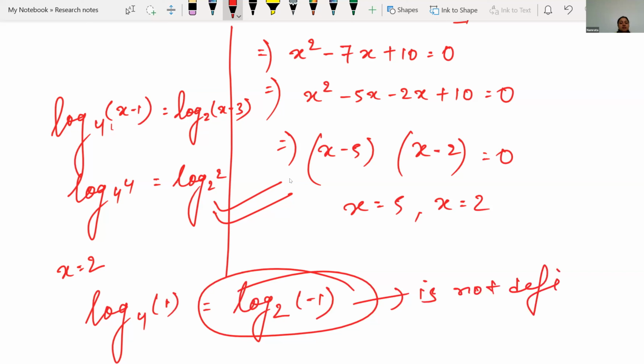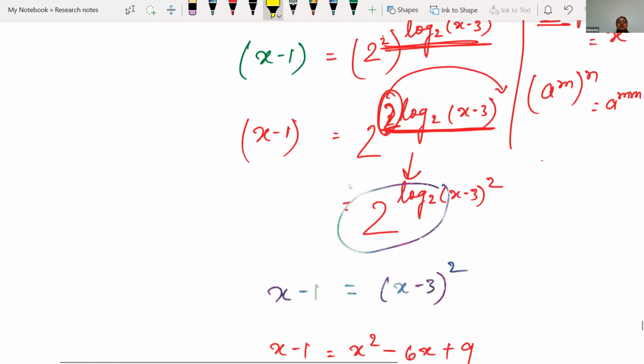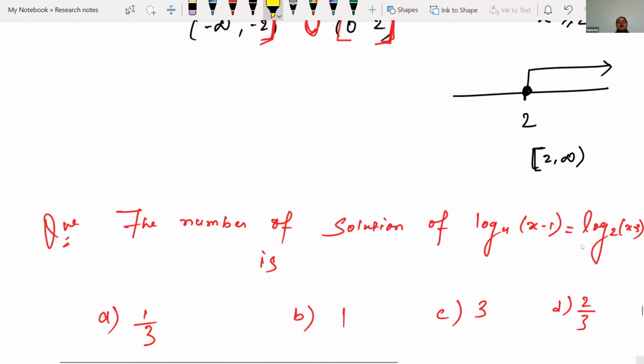Getting it? Yes, ma'am. So this x equal to 2, we have to exclude it because it will make the given condition undefined. We cannot take that. So how many values of x did we get? Only one value which will satisfy it.